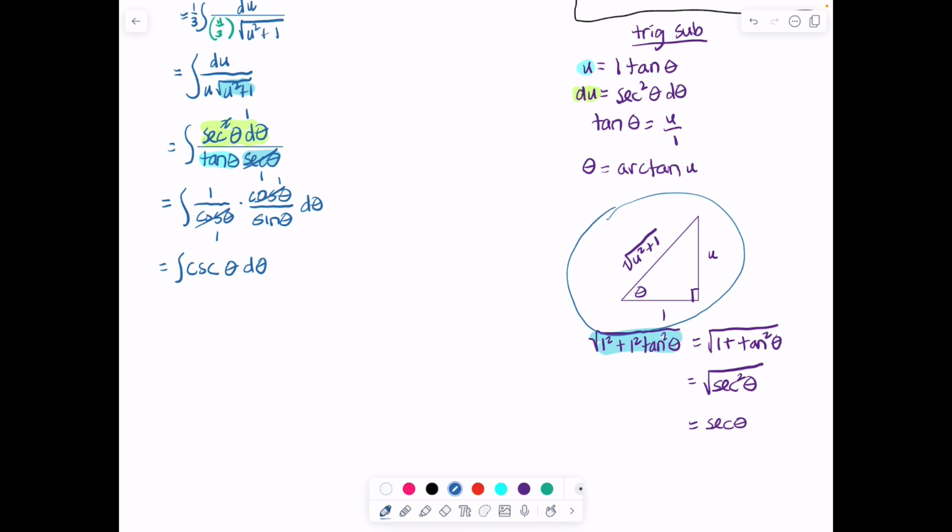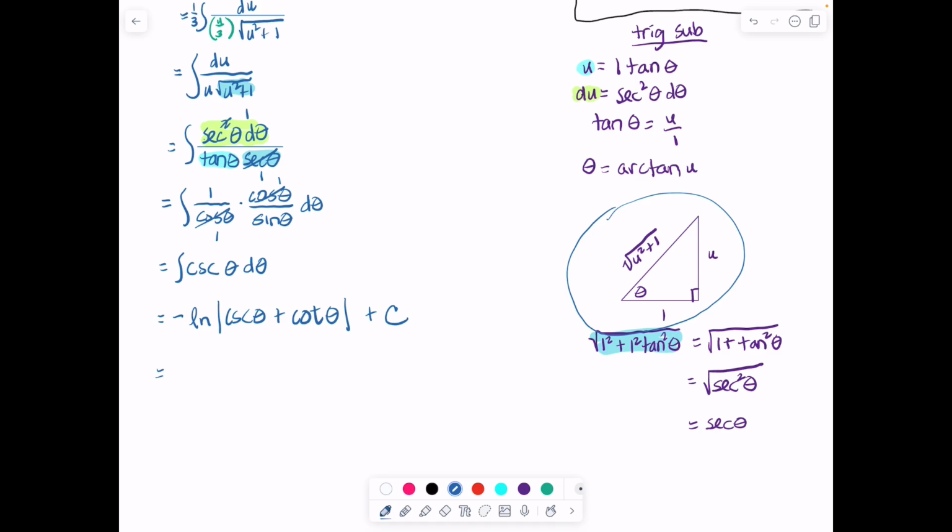Cool, cool? All right, so it's really important for you to know your basic antiderivative formulas, because this is a basic antiderivative formula. It's negative natural log absolute value of cosecant theta plus cotangent theta. Good so far? And we have plus our constant of integration.